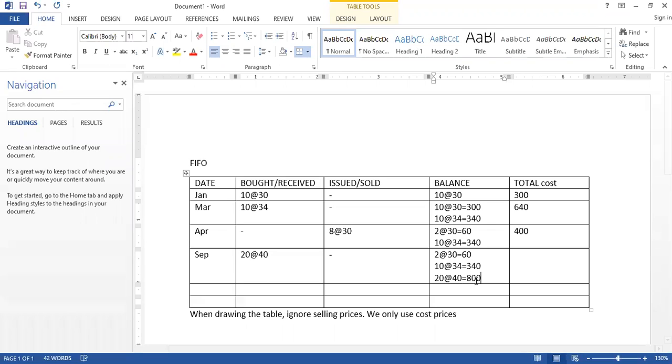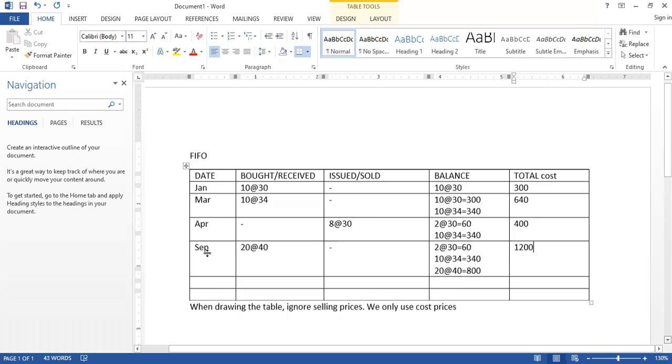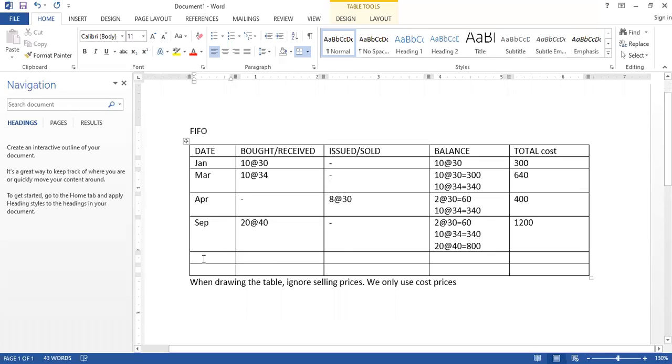So 800 plus 400 will give you how much? It will give you 1,200. So 800 plus 340 plus 60 will give you 1,200. That is your new total cost. And then you move on to the next month, which is December.